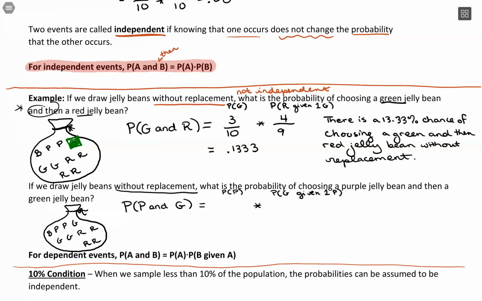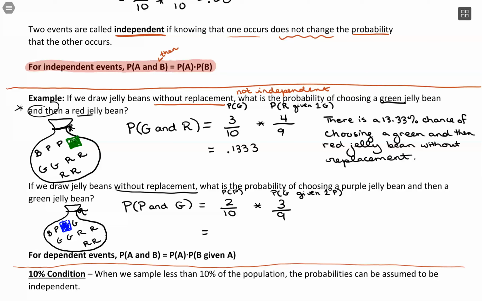So first event, probability of purple, 2 out of 10 chance. So when we do that, we would find our purple jelly bean, just choose one of them, and it's no longer in the bag. It's gone. So now we only have 1 purple out of 9 total jelly beans. So probability of green, given that we've already selected 1 purple jelly bean, well, we have 3 green jelly beans out of our 9 total jelly beans.